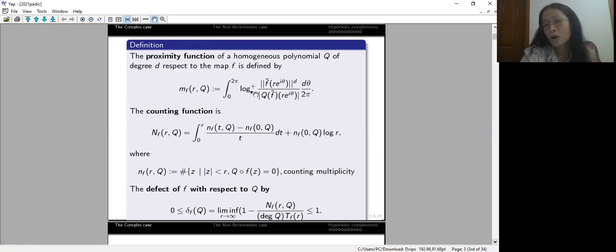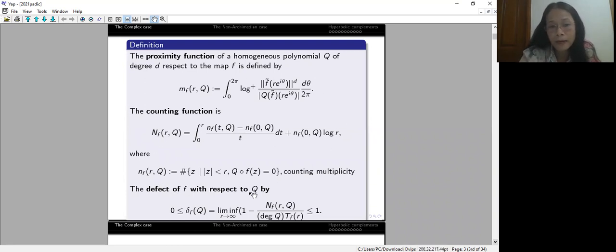Just take log plus this rational expression, and then we take the integral. And the counting function counts how many zeros of Q when composed with f, and we count also with multiplicity, inside of this radius r.